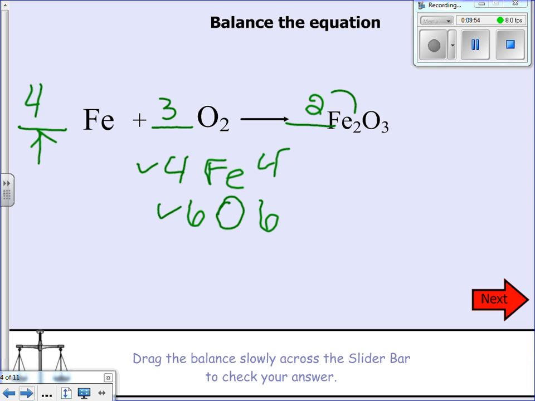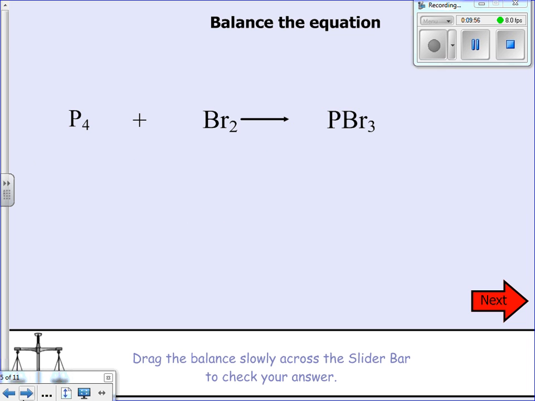Alright, next example. P4 plus Br2 yields PBr3. We have phosphorus and bromine. I have 4 phosphorus on the left and I have 1 on the right. I have 2 Br on the left and 3 Br on the right.